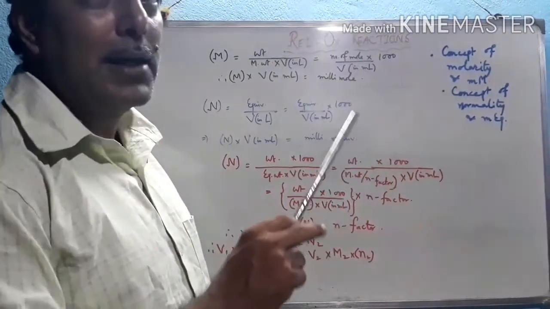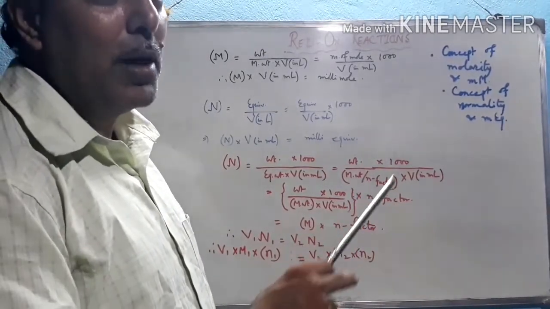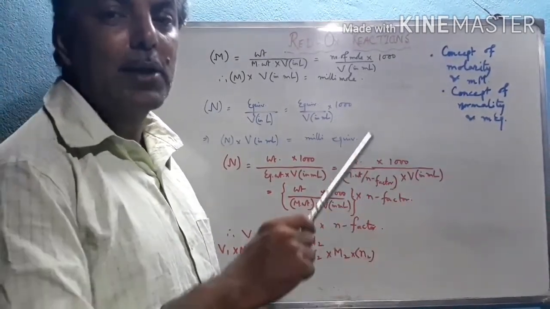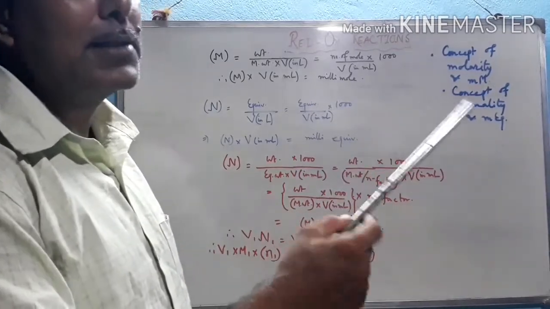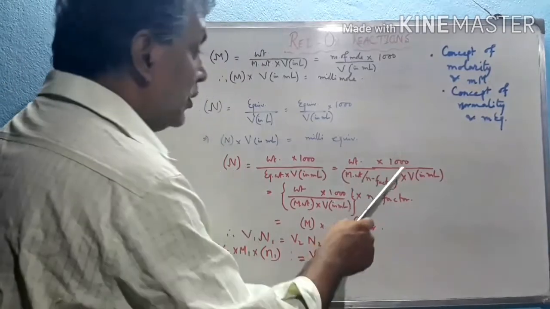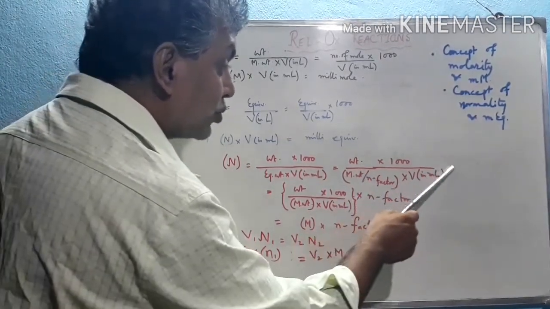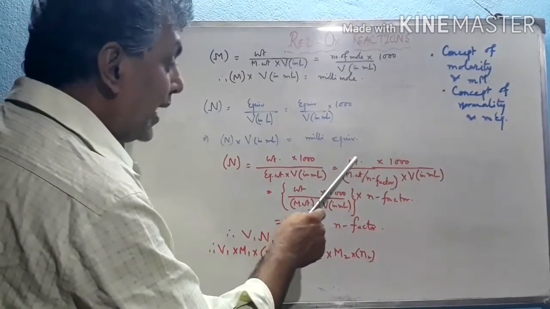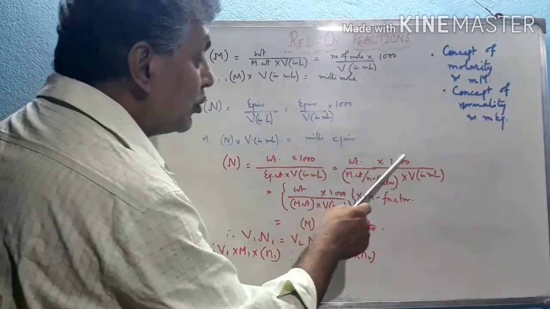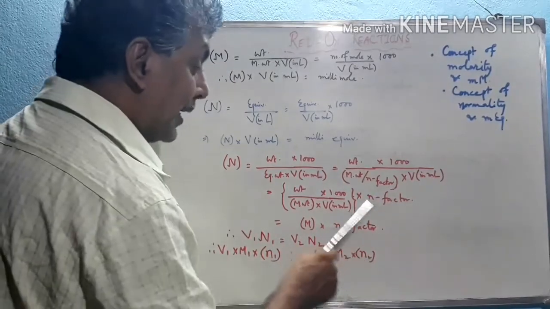In case of acid, the n factor is basicity; for base, acidity; for salt, number of cations or anions into valency; and for a redox reaction, n factor is the number of electrons transferred per mole. So the n factor in the denominator goes to the numerator: weight by molecular weight into 1000 by volume in milliliter, into n factor.